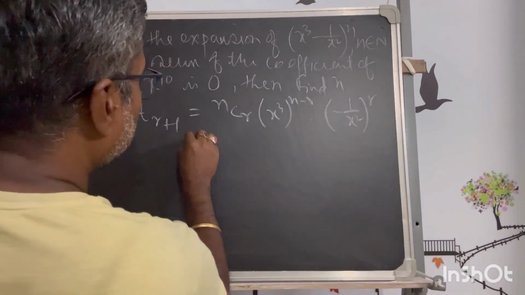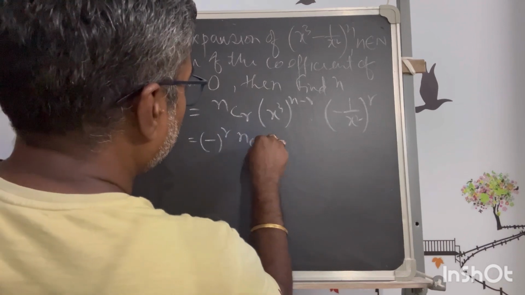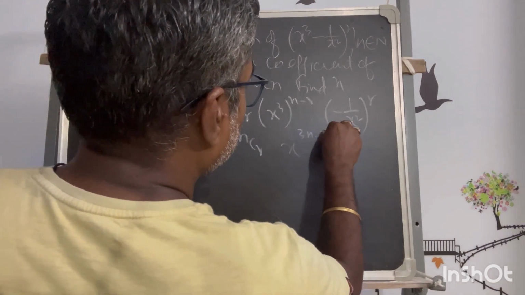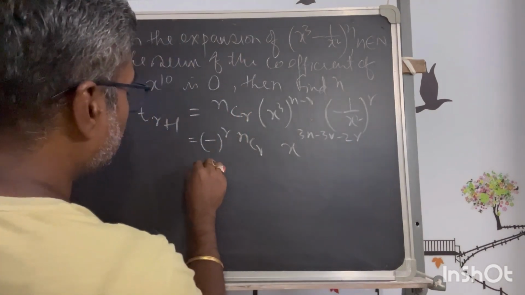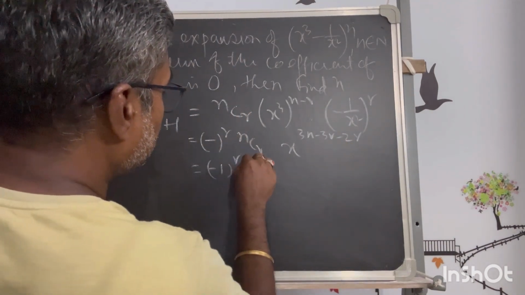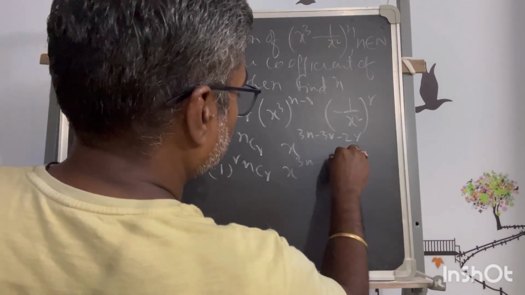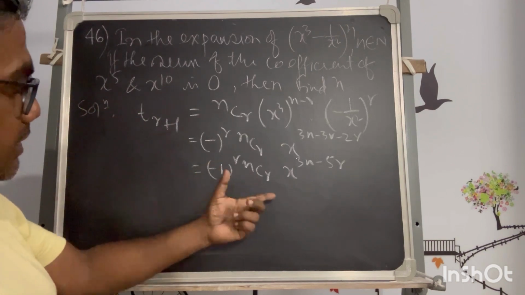So what we'll do, we'll put all the things on one side and the power of x on one side. So this is 3n minus 3r and this minus 2r will come. So all together this will stand like that: nCr x^(3n-5r). Now this is the general term.